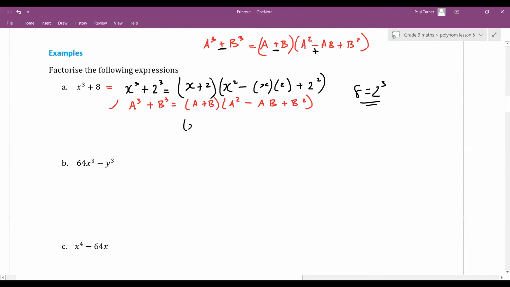So x plus 2, x squared minus 2x plus 4. That's your final answer for x cubed plus 8. By doing this, it can actually help a little with graphing, and this is really easy to graph without factorizing. You'll learn more about that in grade 10.